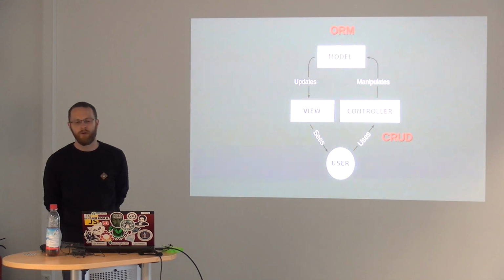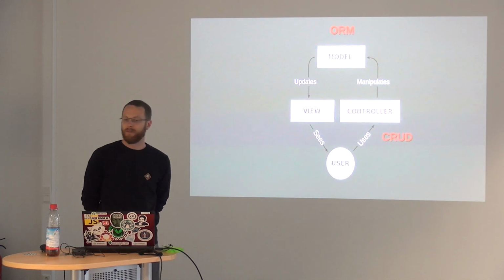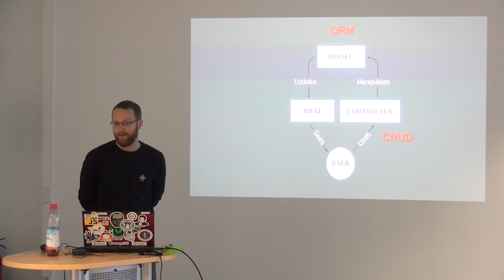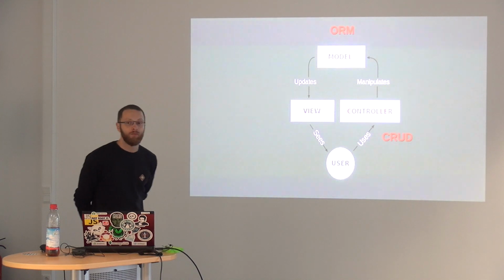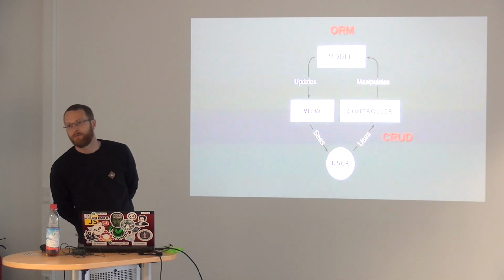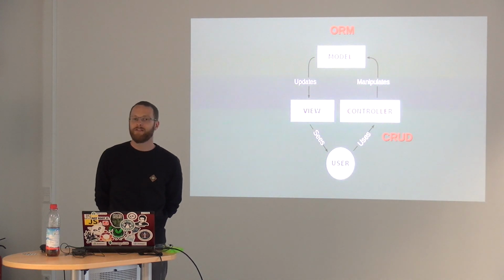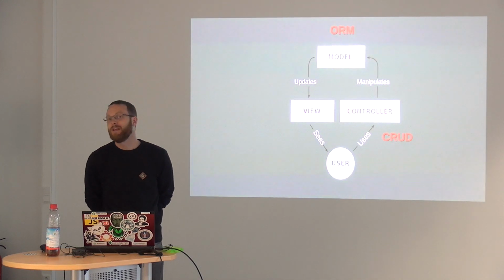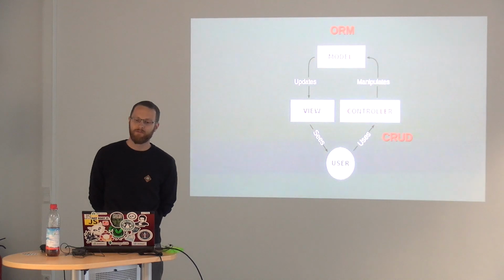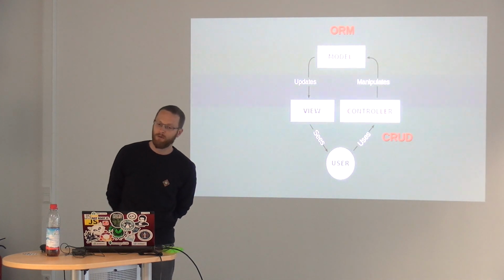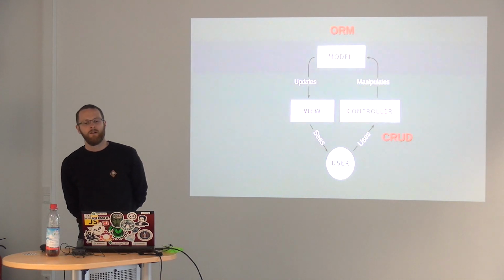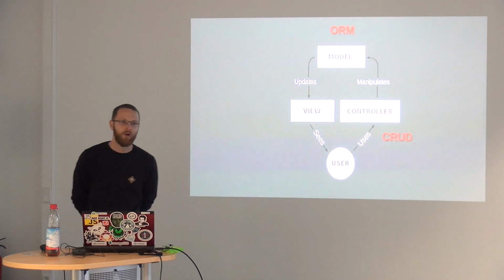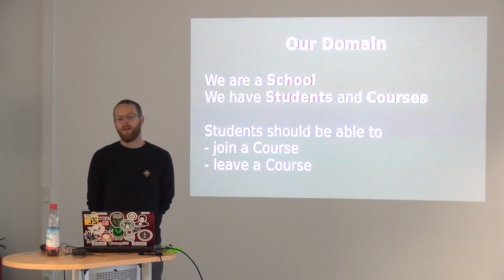We all know Ruby on Rails and its active record pattern. But it's true for the Node.js world too. So there's Backbone.js or Sails.js or meanwhile the MEAN stack. We all know this, it's quite popular. So when we talk about MVC in the web world today, we implicitly talk about ORM and CRUD too.